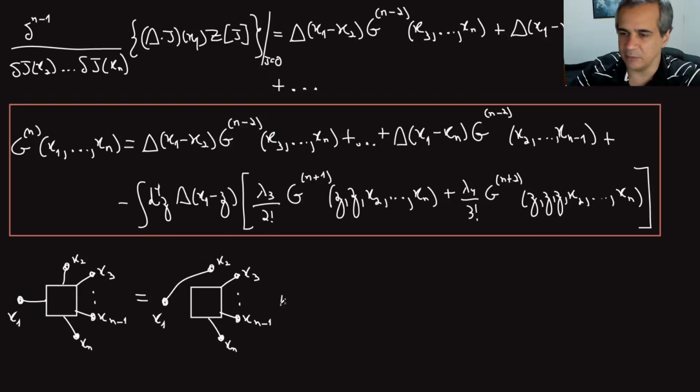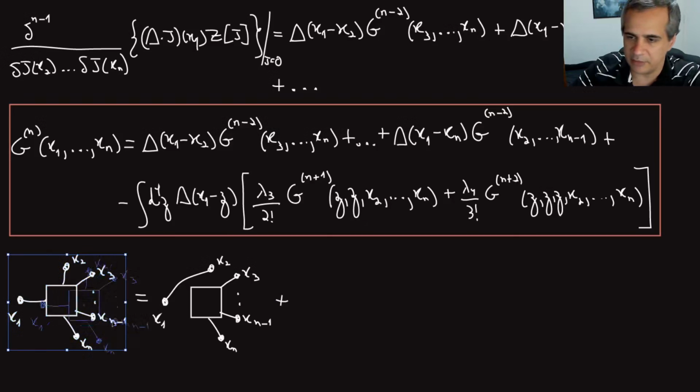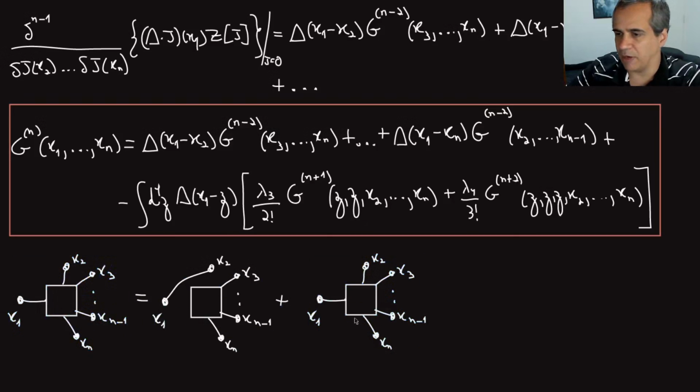The next term, which is not written here, would be something like that. Something where I connect x1 to x3. This goes behind, is not crossing that line. Connects x1 to x3, the term was written up there, and a Green function that depends on everyone but x1 and x3.